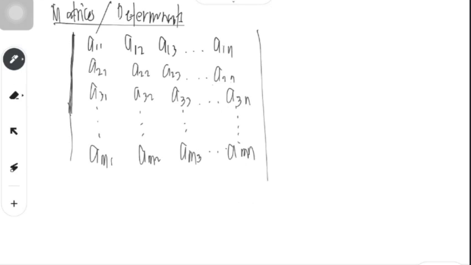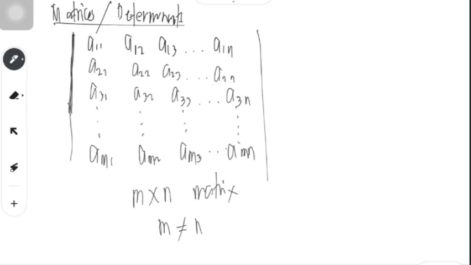So if we consider n columns and m rows, we can say that this is an m by n matrix. In this case, m is not equal to n. The number of rows is not equal to the number of columns, no?